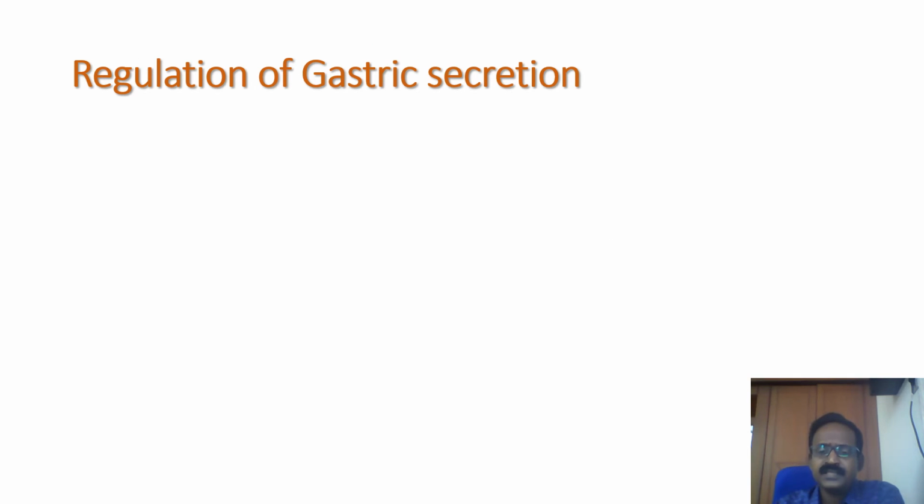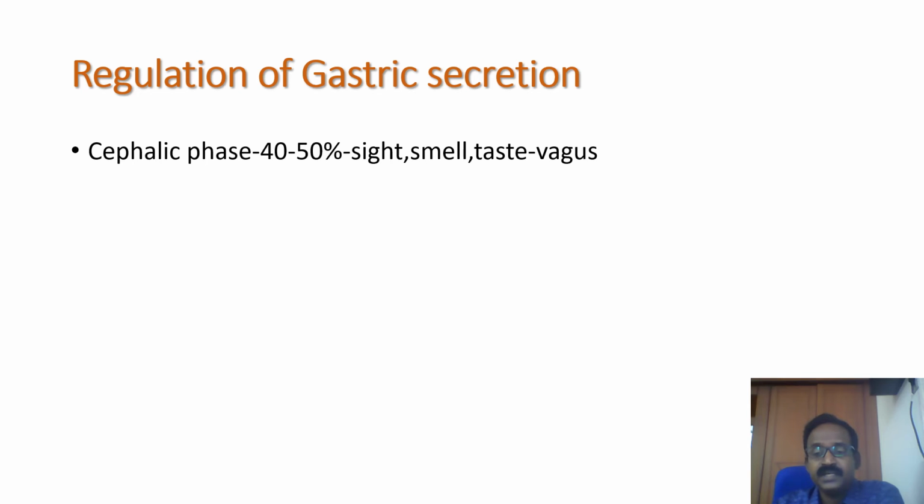Regulation of gastric secretion occurs in three phases. The first phase is the cephalic phase. The cephalic phase is stimulated by the sight, smell, and taste of the food. Even when the food has not entered the mouth, the cephalic phase of secretion starts due to seeing and smelling the food.